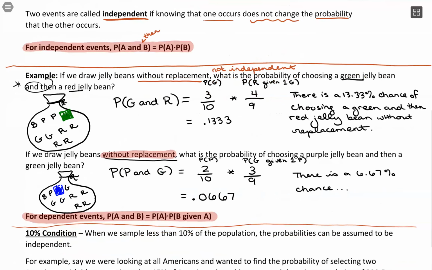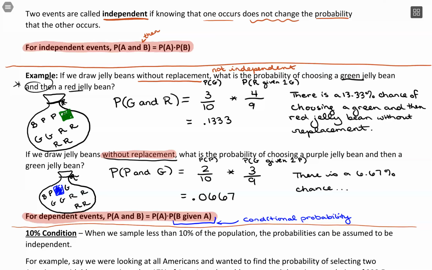But when we don't replace, we need to think about kind of like how I drew a picture over here of how that changes step by step. So this piece right here, the second piece with the probability of B given that A has already occurred, this is a conditional probability, which we'll talk about more in the next video. But even without the notation of the next video, it's exactly what we're doing here, that there's this condition that has already been met. So how did the probability change?